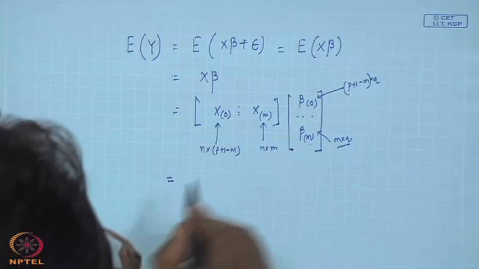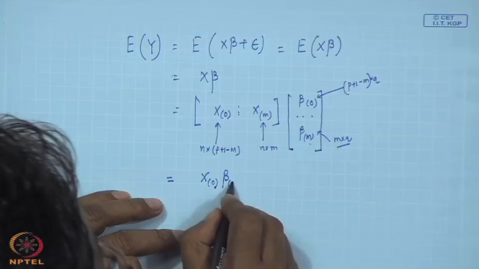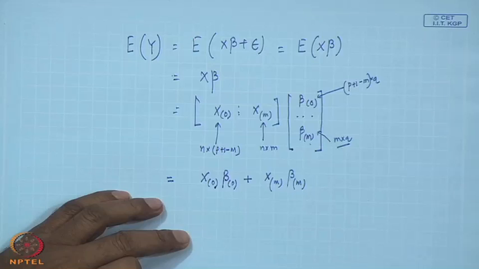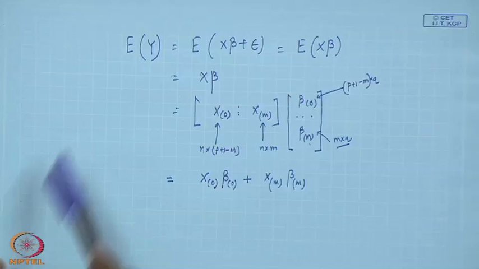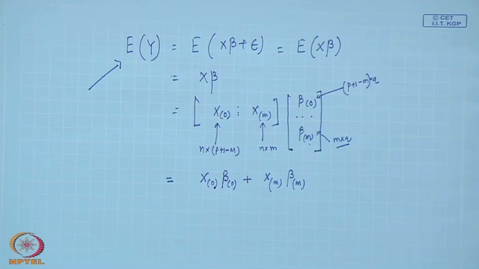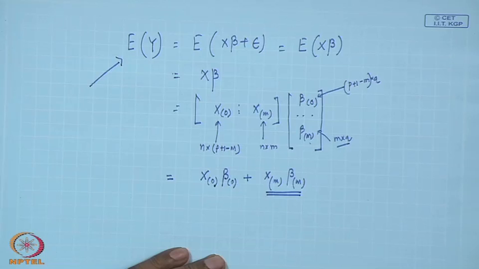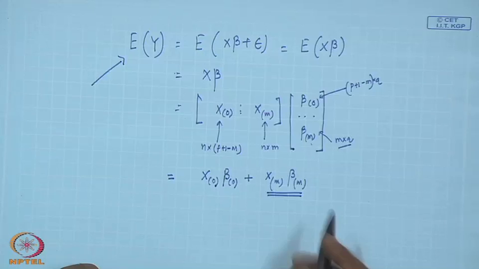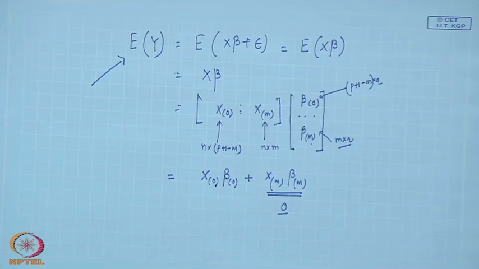So you can write it as x0 beta 0 plus x m beta m. We are not considering the error term because we have taken the expected value. If m variables are not contributing towards explaining the y's variability, then beta m will be 0, so this resultant will be 0.